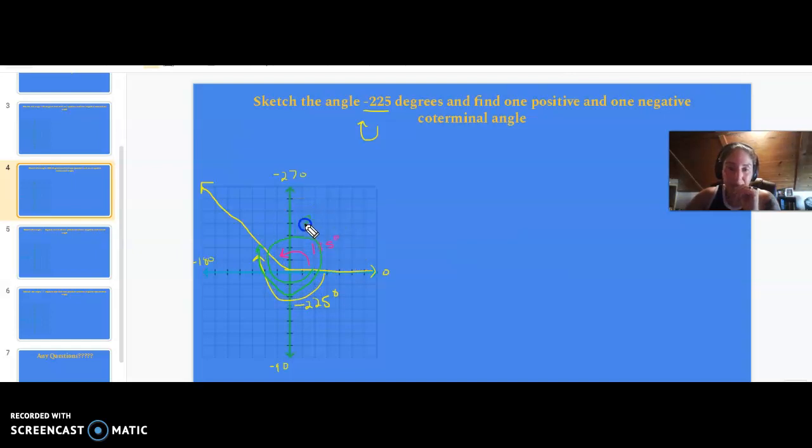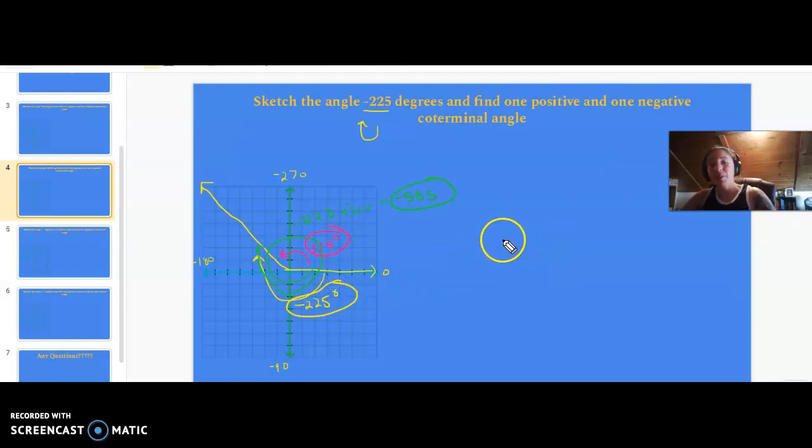That would be negative 225 plus negative 360. What is that? Negative 585. So there's a negative coterminal angle, there's a positive coterminal angle, and in yellow is the sketch of the original angle asked.